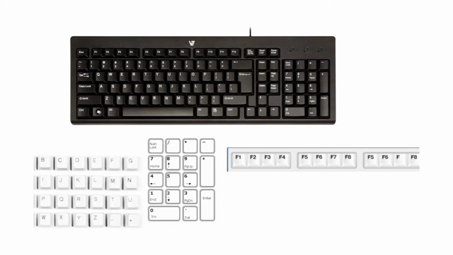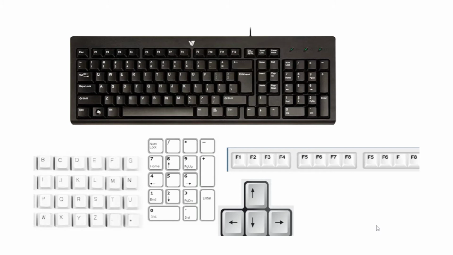Now, the next kind of keys are arrow keys or cursor movement keys. Arrow keys are buttons on a computer keyboard that are either programmed or designed to move the cursor in a specified direction. The term cursor is distinct from arrow keys. These arrow keys help us to move the cursor in place.